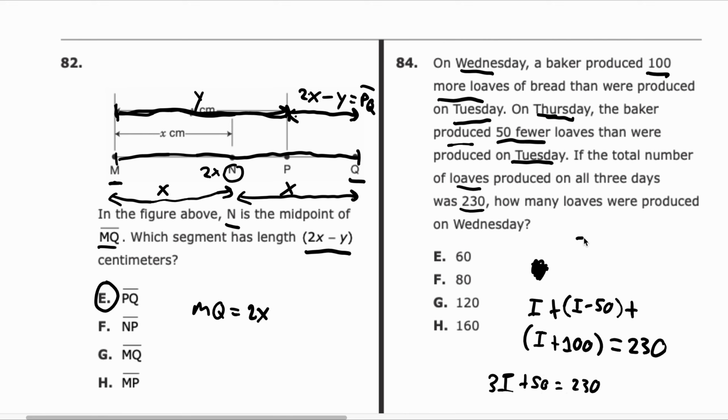So solving for I, we would just get 60. But remember that this is the amount of loaves produced on Tuesday. To get the amount on Wednesday, remember that it is I plus 100. So 60 plus 100 is 160. So that's H.